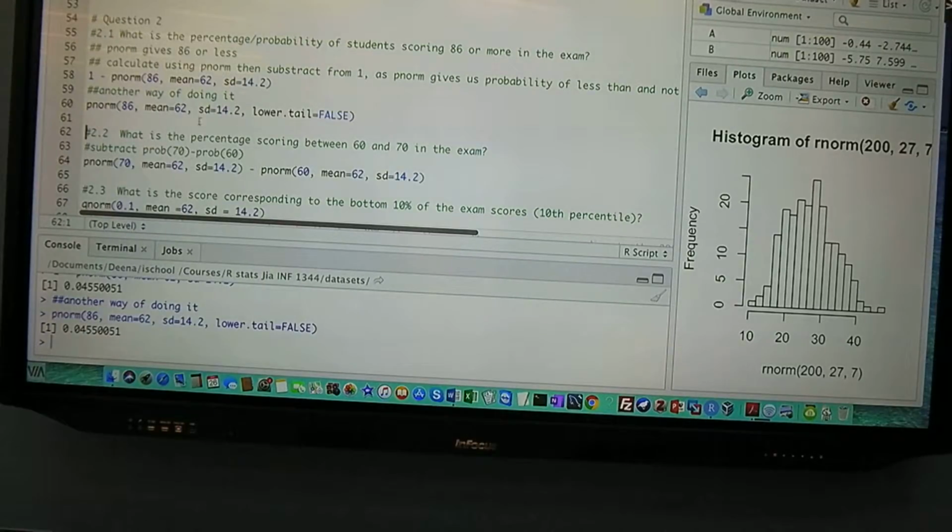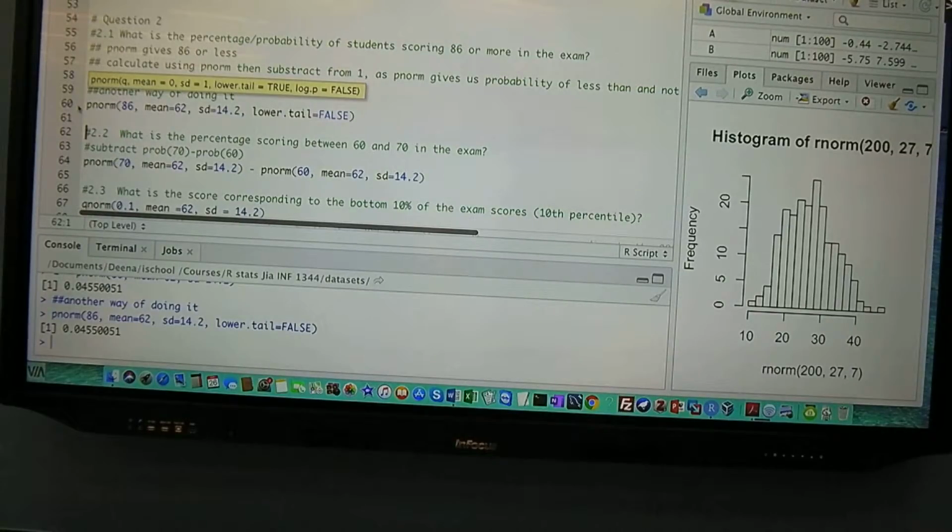So this is another way to do it if I'm asked for greater than, okay, more than. If you don't want to do 1 minus, you can do it this way. Okay? So pick whichever. Line 58 is exactly the same as line 6. This is done when you are asked for the probability of more than a certain score.